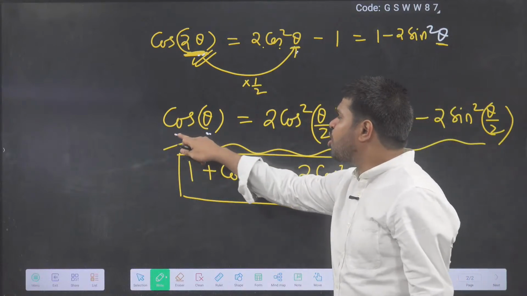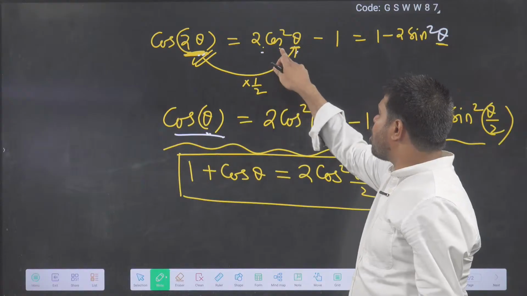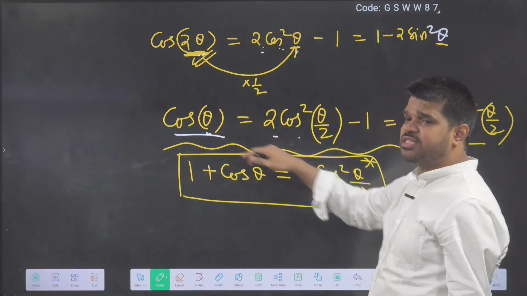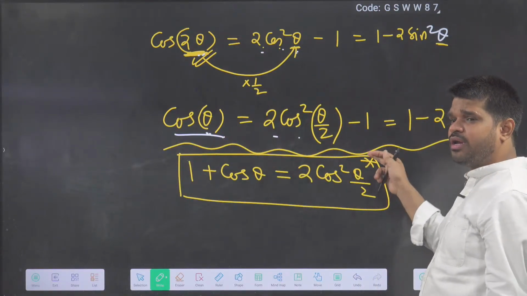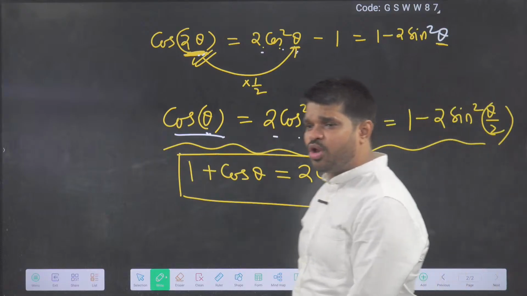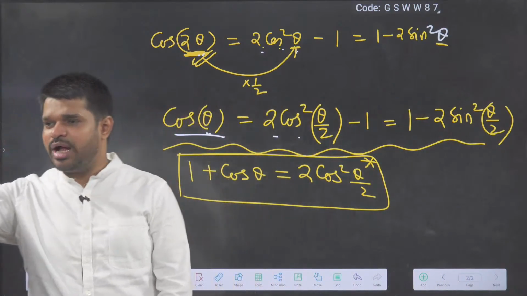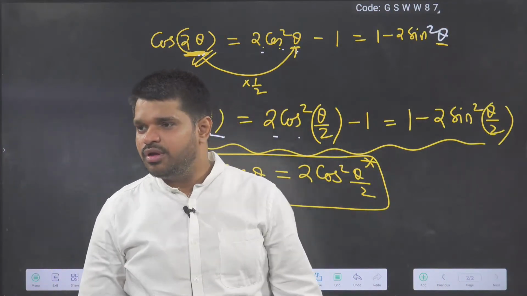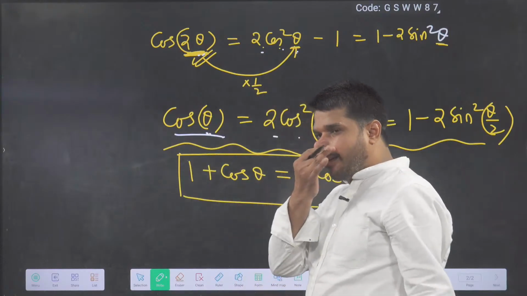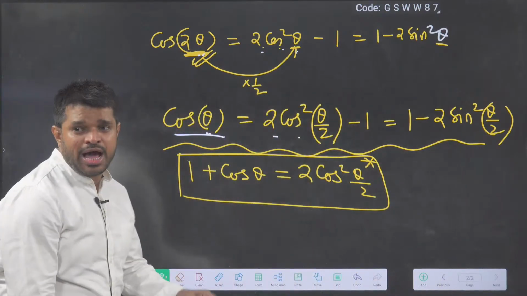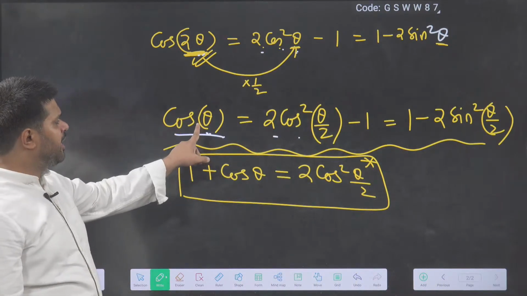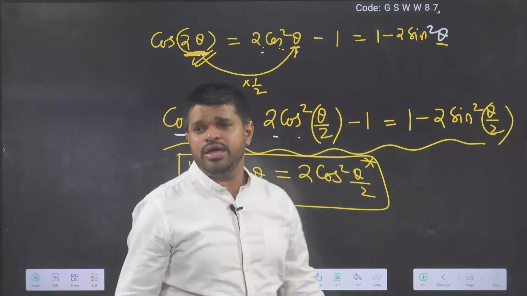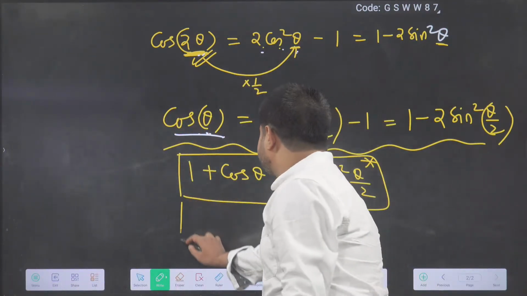So the formula of cos theta is 2 cos square of half of this angle, that is theta by 2, minus 1. The same applies for the sine formula also.